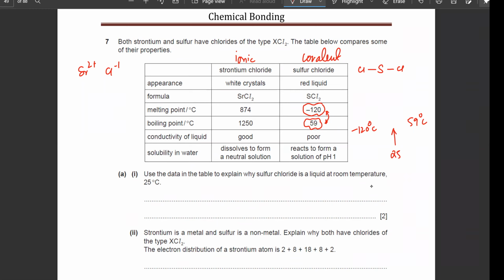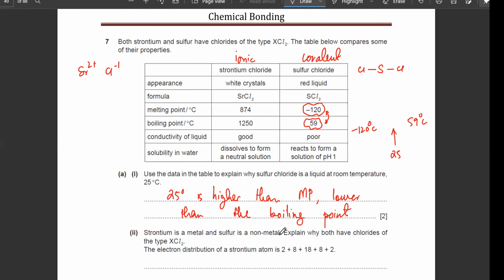So what you're going to write is that 25 degrees centigrade is higher than the melting point and lower than the boiling point. So hence it's a liquid.